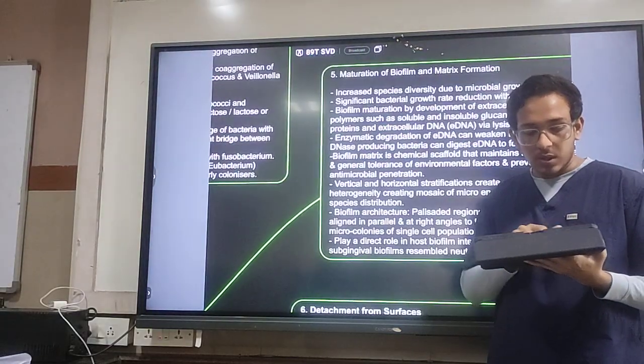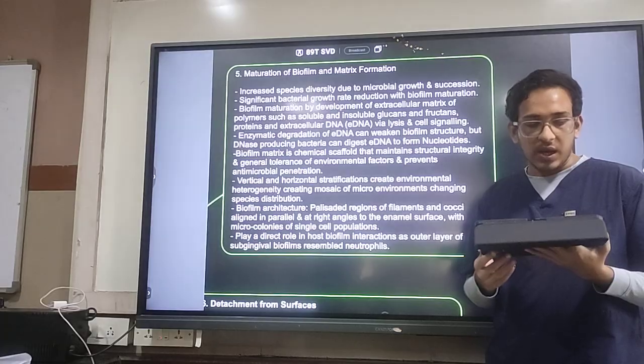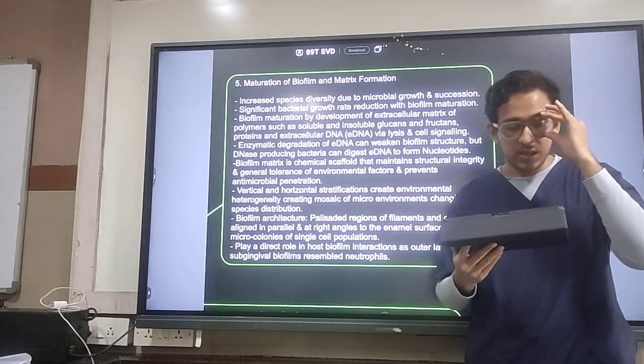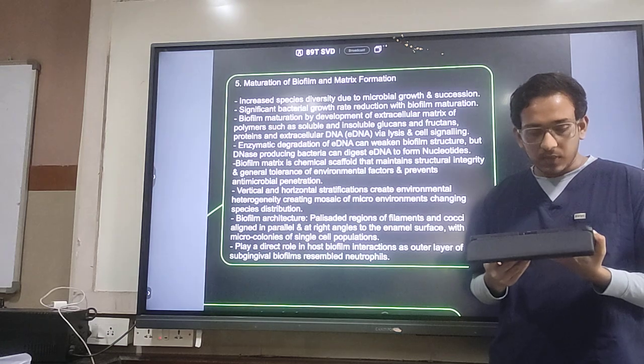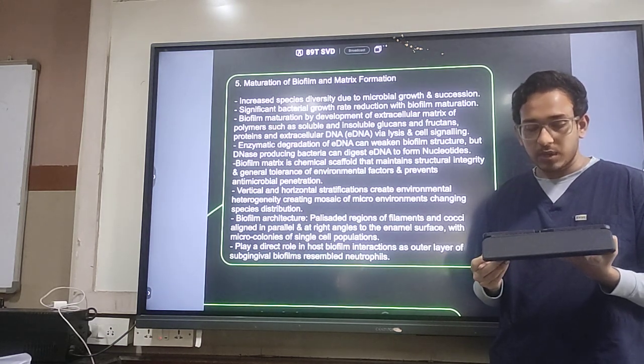Then maturation of biofilm and matrix formation. Increased species diversity due to microbial growth and succession is seen. There is significant bacterial growth rate reduction with biofilm maturation.